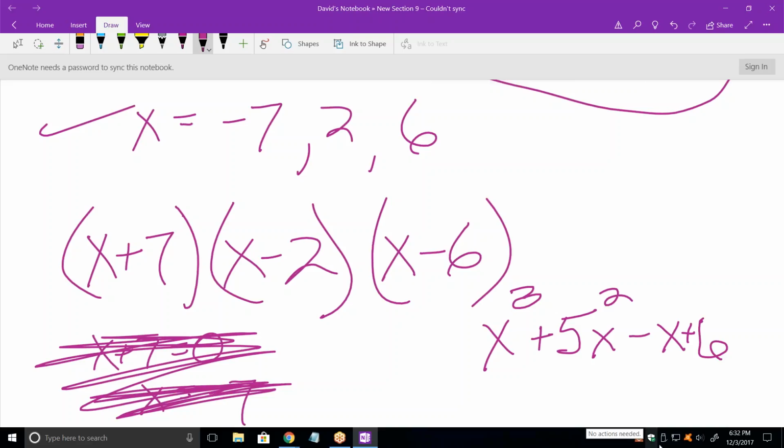Okay? Well, that certainly is a third-degree polynomial with these 3 zeros, but it doesn't have a coefficient of 2. It's got a coefficient of 1. So what can I do?